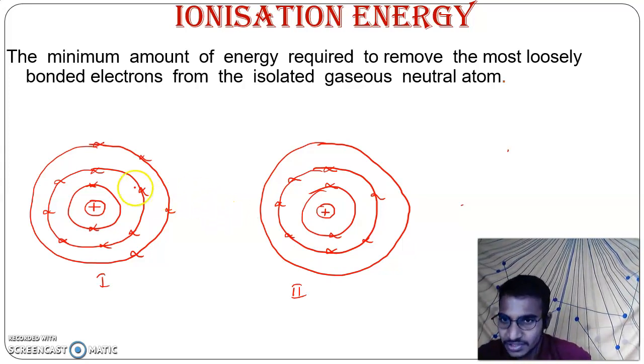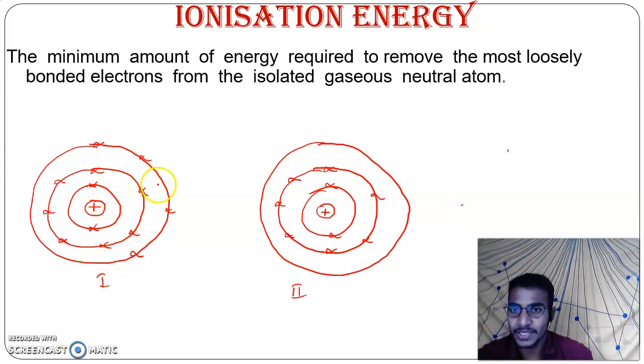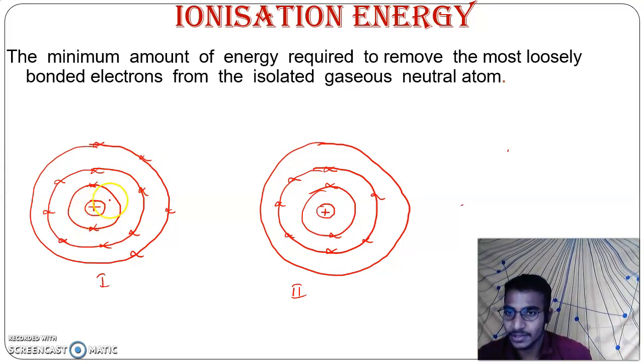Because all the electrons are filled in the same form. The only thing you should remember is, listen properly, when we remove an electron which is farther from the nucleus, we require less ionization energy.